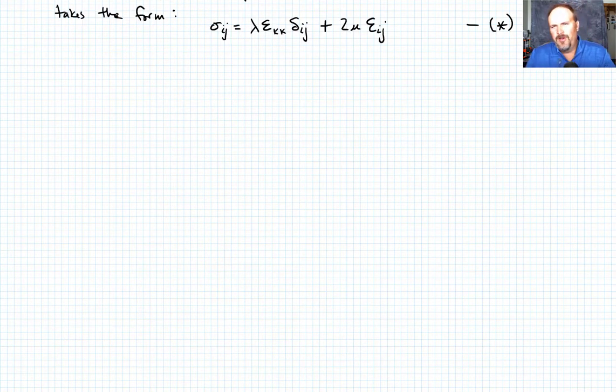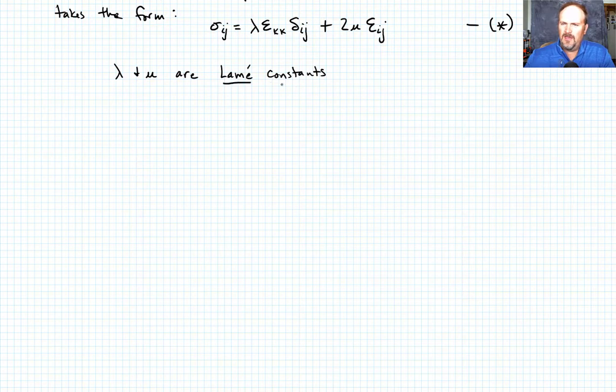And you're probably wondering, what are this lambda and mu? Please give me back E, G, and nu, I remember what those are. I'll show you in just a minute, but lambda and mu are what are called Lamé constants. There's nothing special or tricky about them. They're just yet another set of constants that can be used to describe elastic behavior.